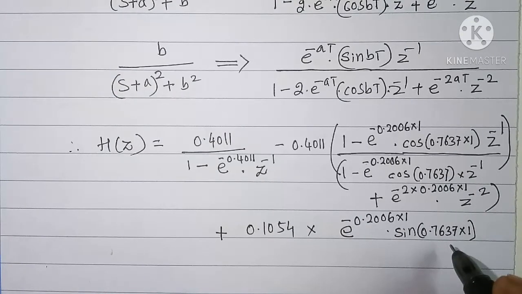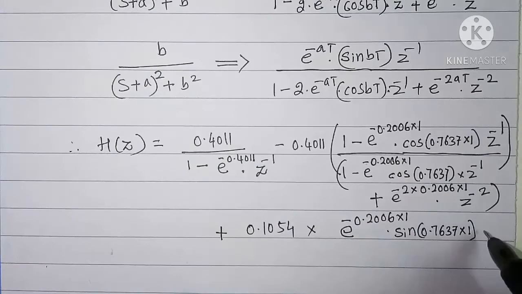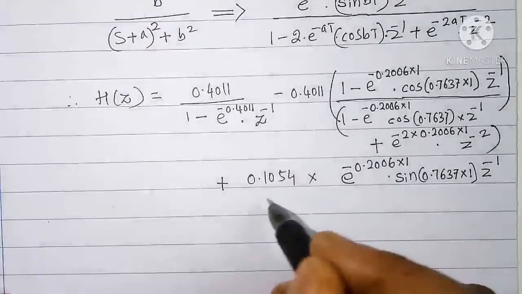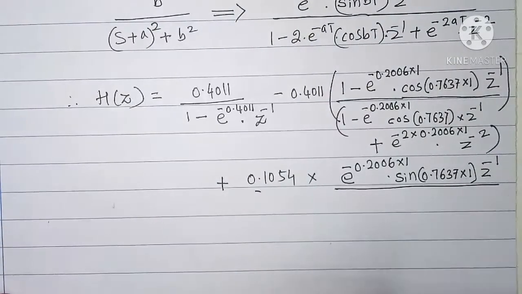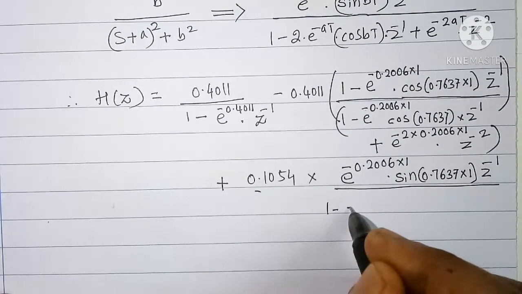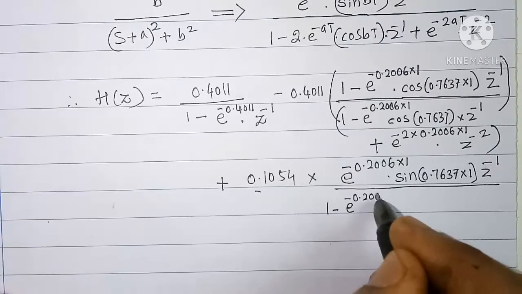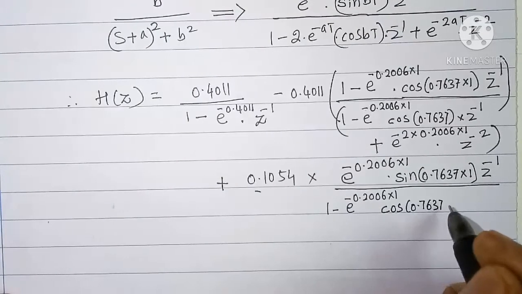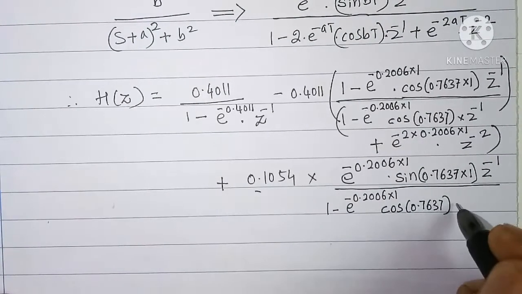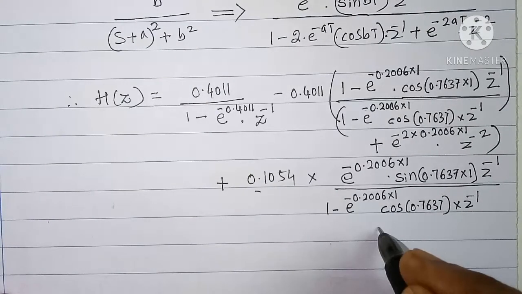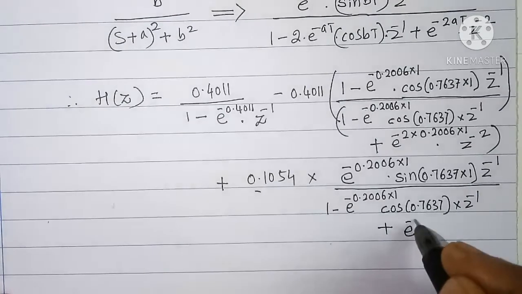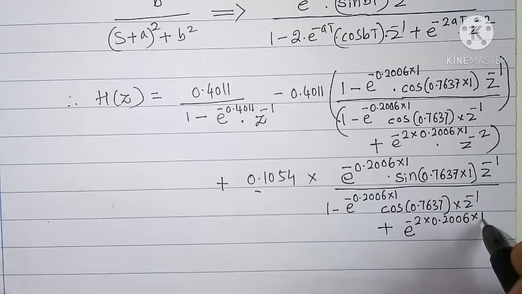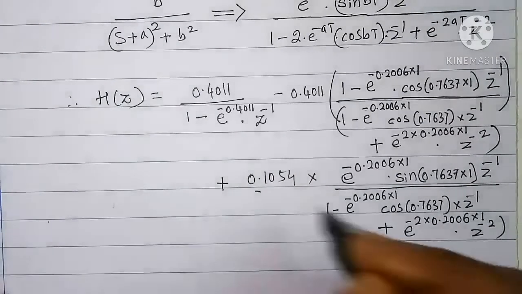Again we have to convert this angle into degrees into z raised to minus 1 whole divided by 1 minus e raised to minus 0.2006 into 1 into cos of 0.7637 into 1 will remain same into z raised to minus 1 plus e raised to minus 2 into 0.2006 into 1 into z raised to minus 2.